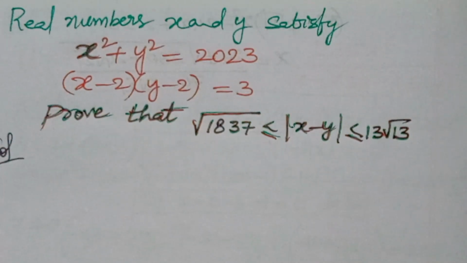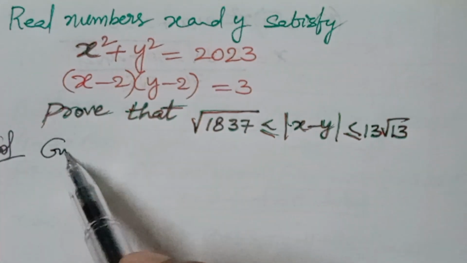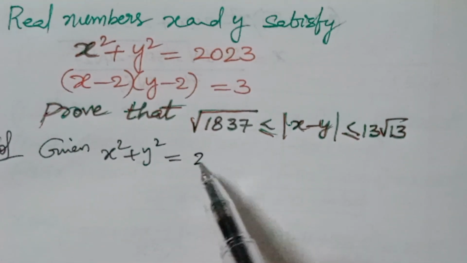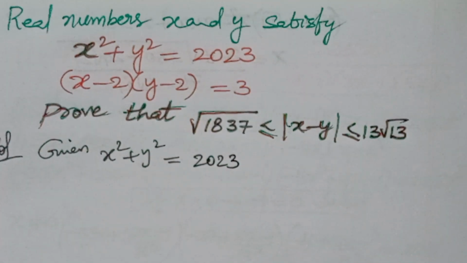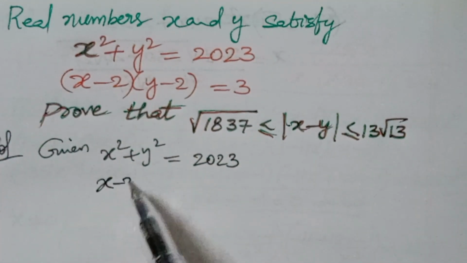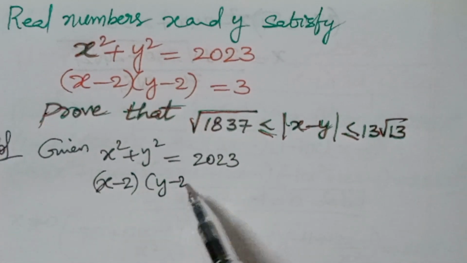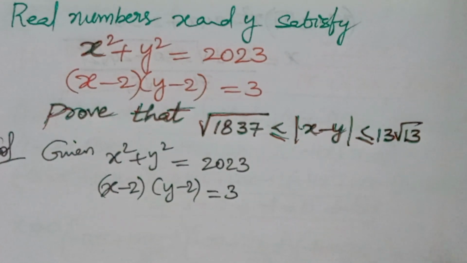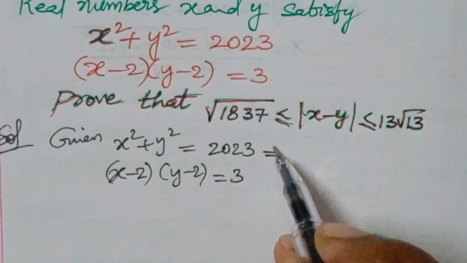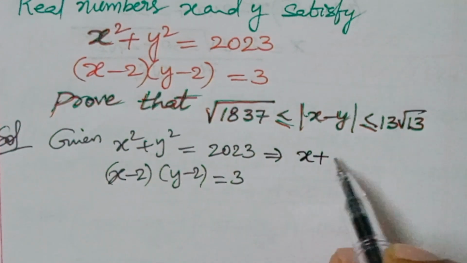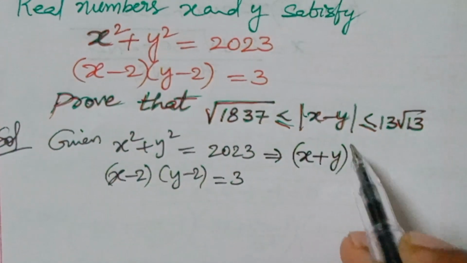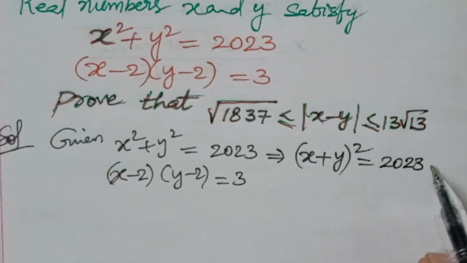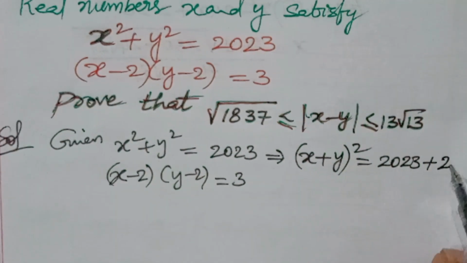How to solve this problem? What is given? First of all, x squared plus y squared is equal to 2023, and (x minus 2)(y minus 2) is equal to 3. Here you can write it as (x plus y) whole squared, adding 2xy on both sides, equal to 2023 plus 2xy.